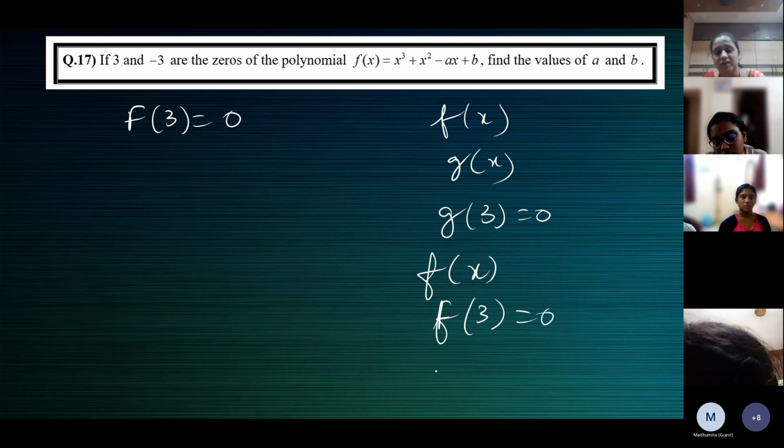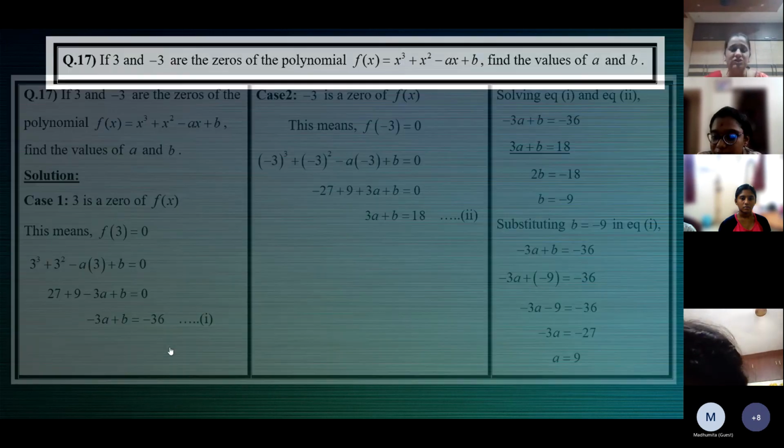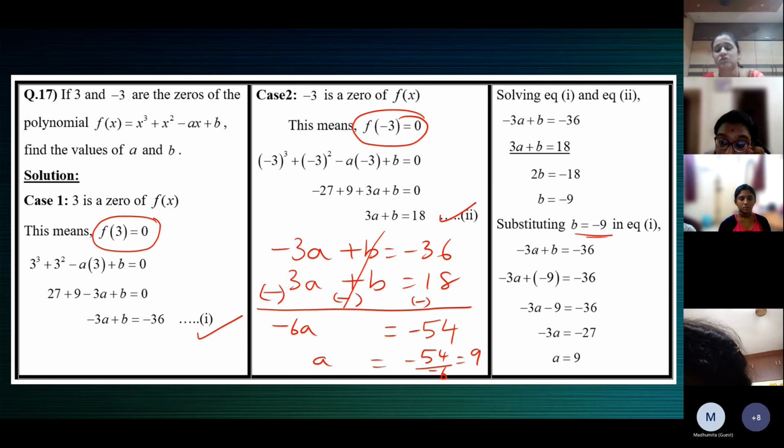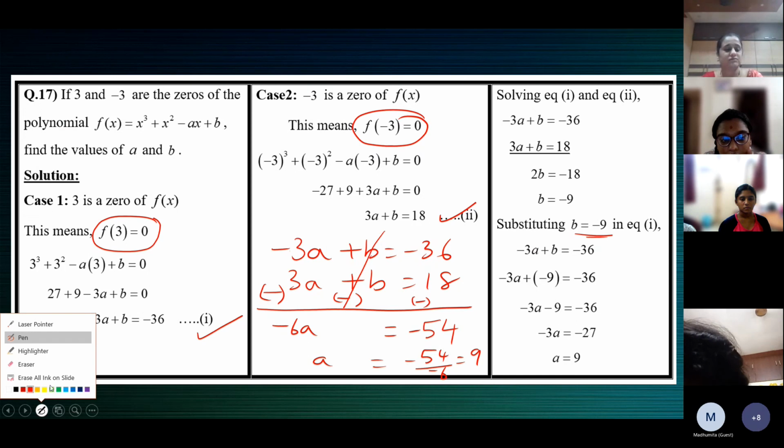Minus 3 is also 0. That means f of minus 3 is also 0. So you must write these two conditions first and construct the equation. See here, that's what I've written. I've written this condition first, and then got the first equation. Write the next condition, get the second equation and solve the two equations to find the values of a and b. Please write down, children.